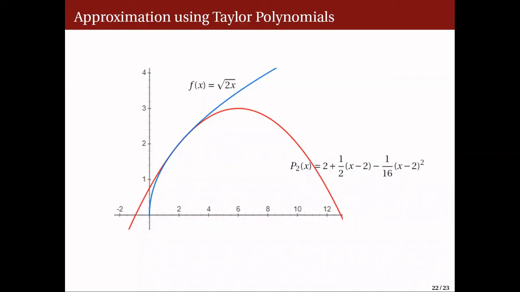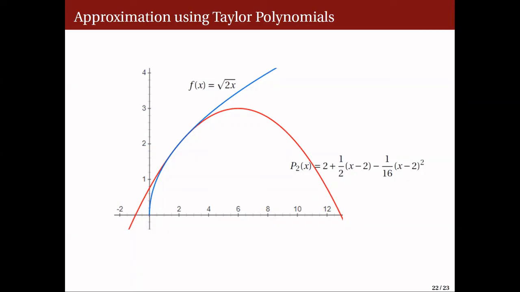Here are the plots of the functions p sub 2 of x and f of x in the previous example. Again, p sub 2 of x is the second degree Taylor polynomial of f of x about 2. P sub 2 of x is of degree 2, whose second degree term has a negative coefficient. That's why the plot for p sub 2 of x is this red plot that is a parabola opening downwards.